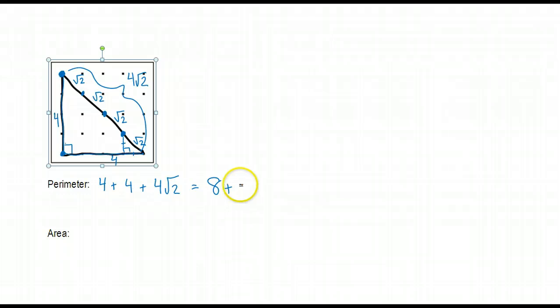My last term, 4 square roots of 2, even though there's a 4 here, I cannot add 8 plus 4 and get 12. This 4 is really a coefficient. It's keeping track of how many square roots of 2 I have. I have 4 square roots of 2. So this integer and this irrational number are unlike terms. So my perimeter is 8 plus 4 square roots of 2 units.